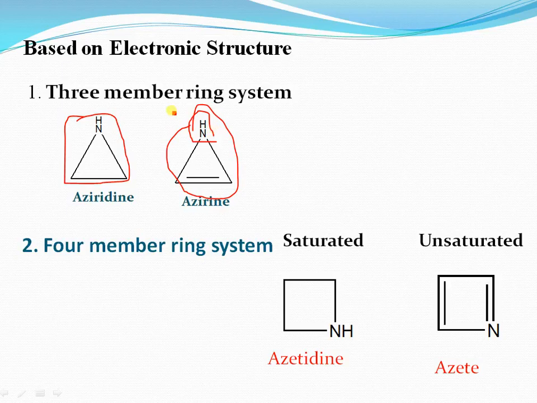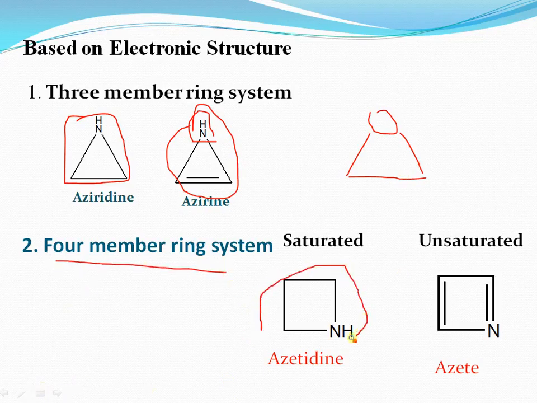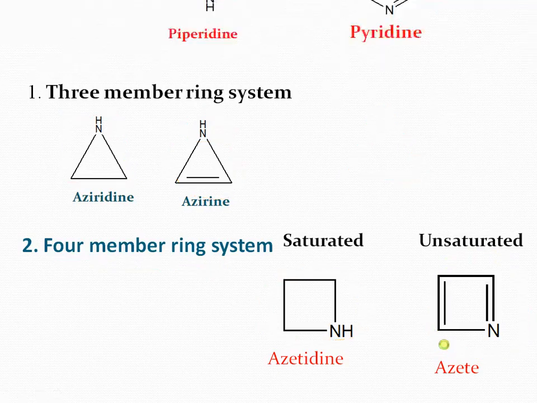Nitrogenous, non-nitrogenous means, for example, when replacing this with oxygen, isn't it? So this is called a 3-member ring system. It may be saturated or unsaturated. Second one is the 4-member ring system. This is fully saturated, azetidine. This is azete, it is an unsaturated ring system. 4-member.